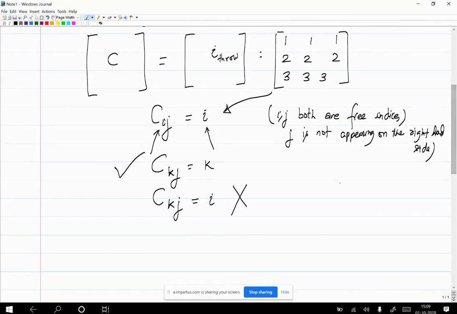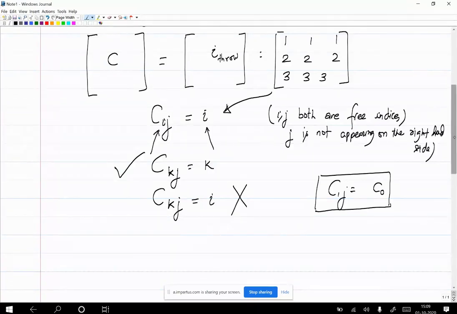Then what will be the expression? Cij is equal to some constant, let's say C naught. And you can have such a matrix appearing in a physical system. You can see that I and J are free indices, but they are not appearing on the right hand side. Right, sir.